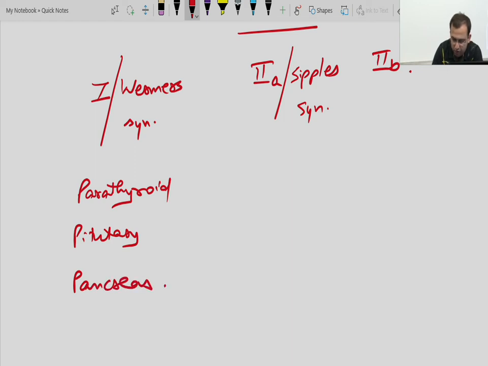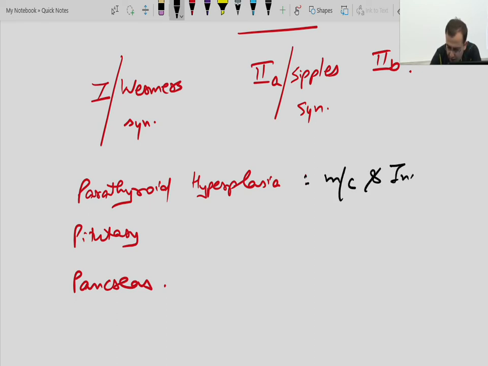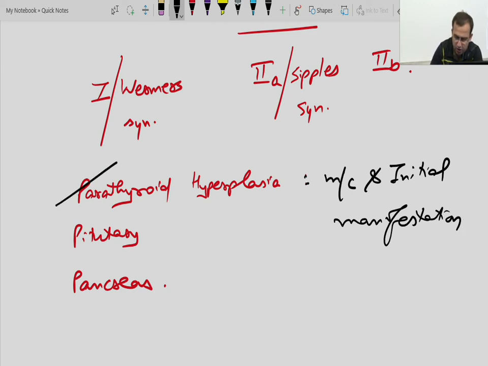Parathyroid is associated with parathyroid hyperplasia, which is both the most common as well as the initial manifestation. Next point, pituitary.